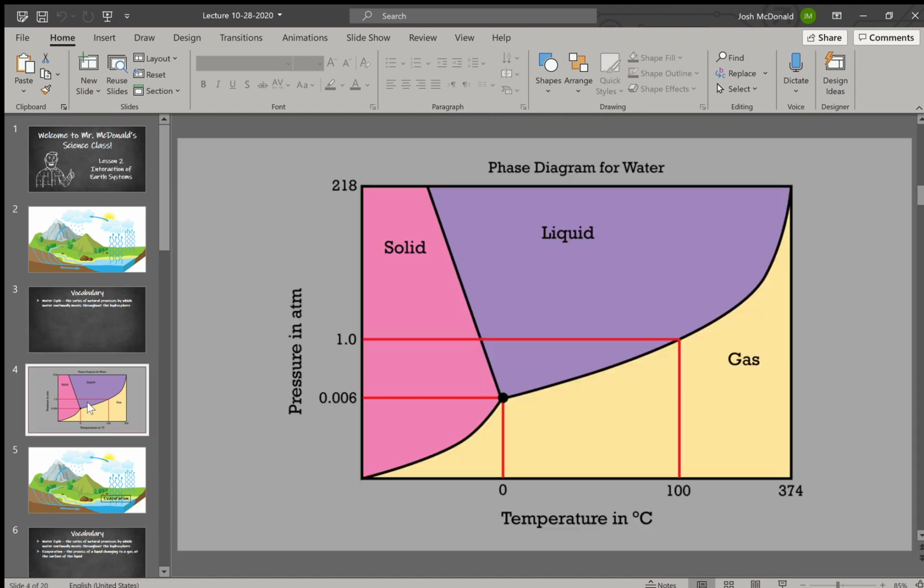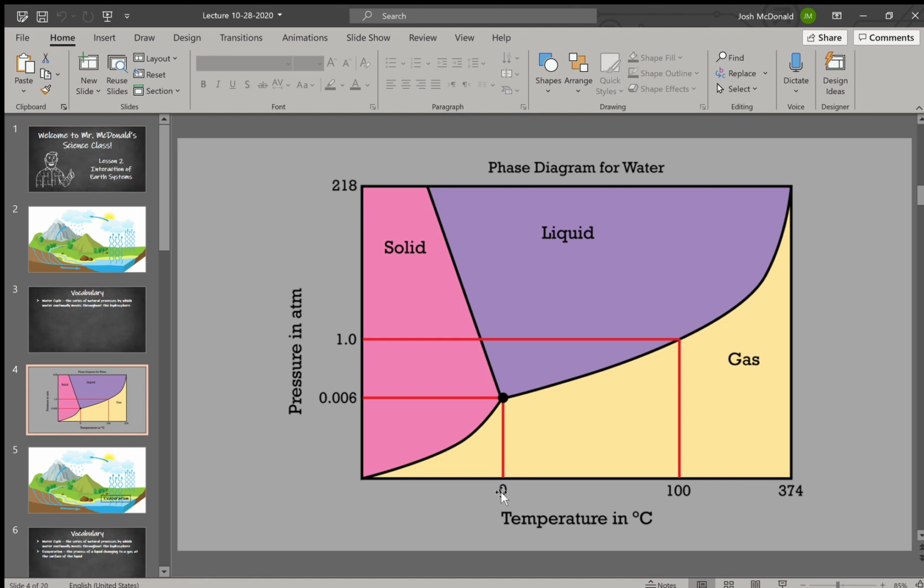back to this chart. We've used this before, but this is a phase diagram for water. So you have your three main phases here, and at the bottom you have your temperature in degrees Celsius, and then here you have pressure in atm, or atmospheres. So 1 atmosphere is the standard pressure. So our atmospheric pressure at sea level, or Earth's surface, is around about 1 atmosphere.